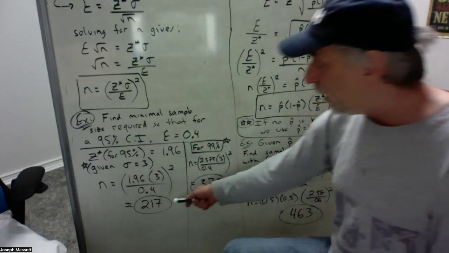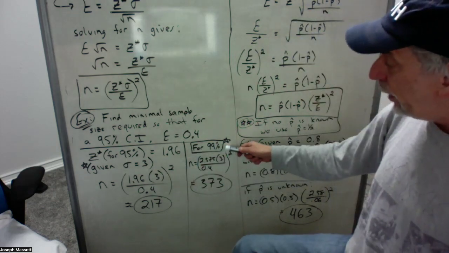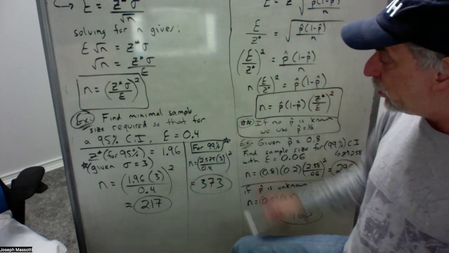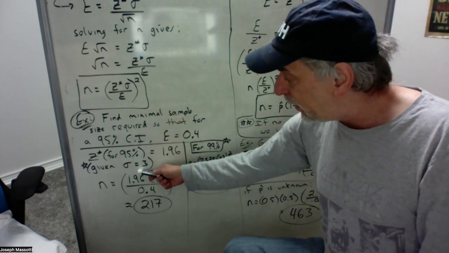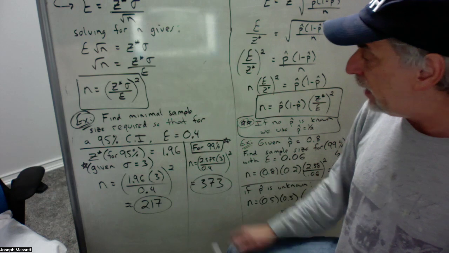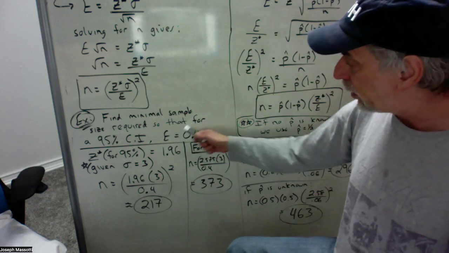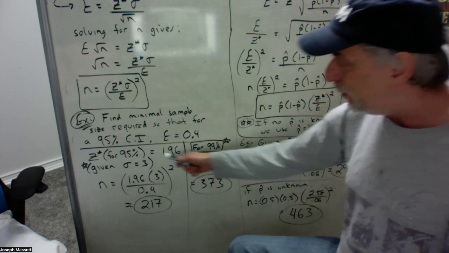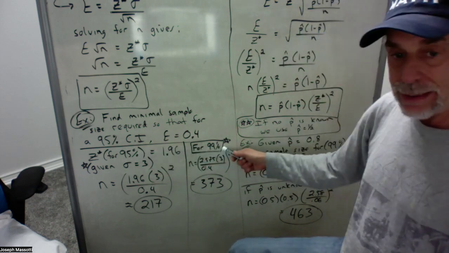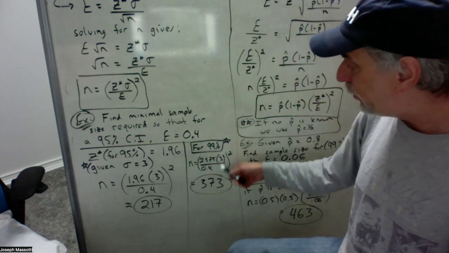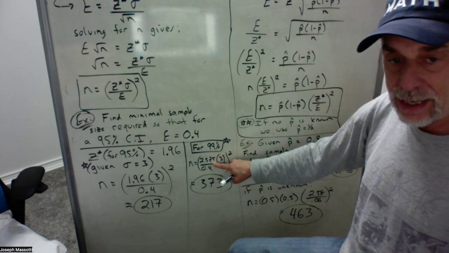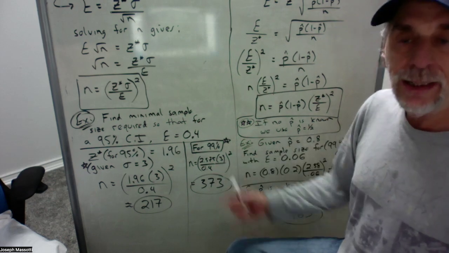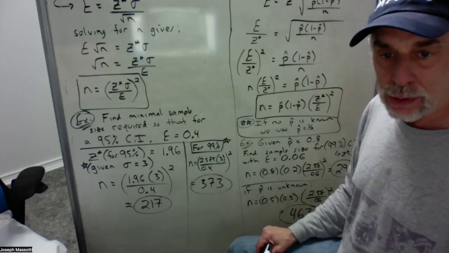Now notice, if you increase the confidence, what's going to happen? If we use the same population standard deviation and the same desired margin of error, the only thing that changes from 95% confidence to 99% confidence is the z critical value. Now the z critical value is 2.575 or 2.58, depending on which table you're looking at.